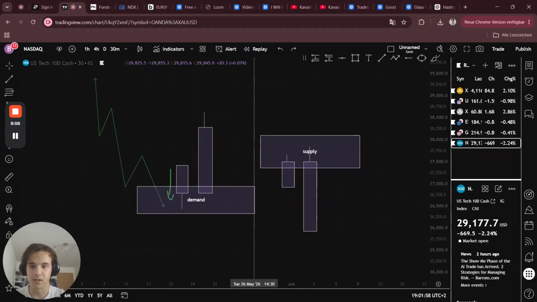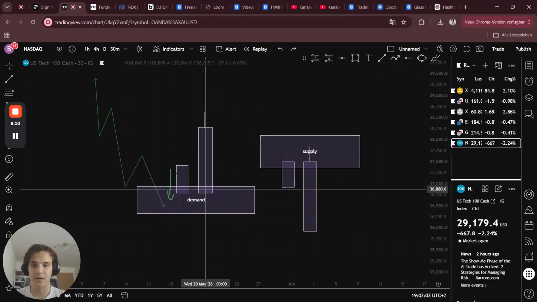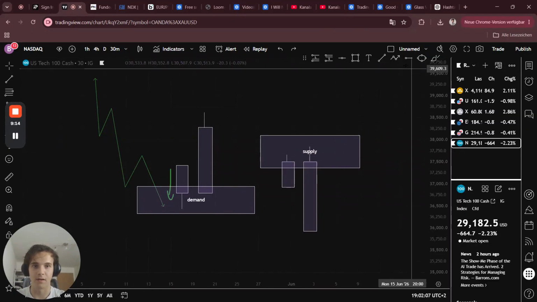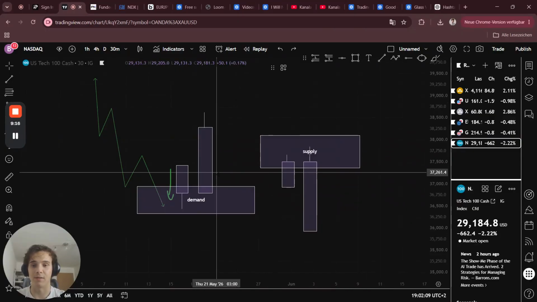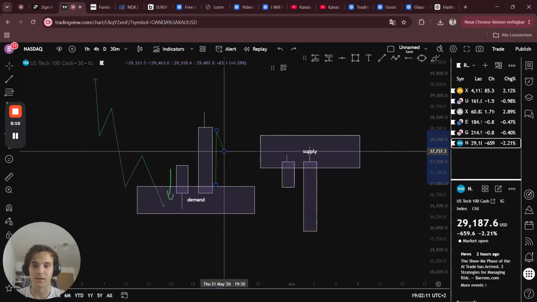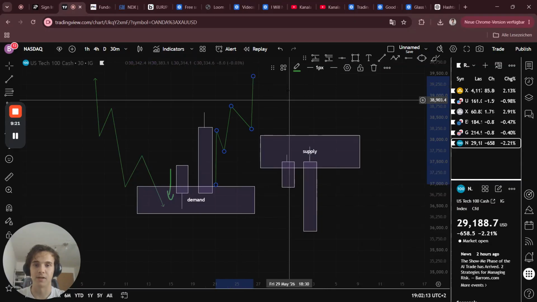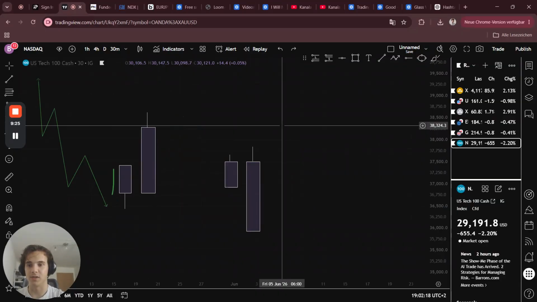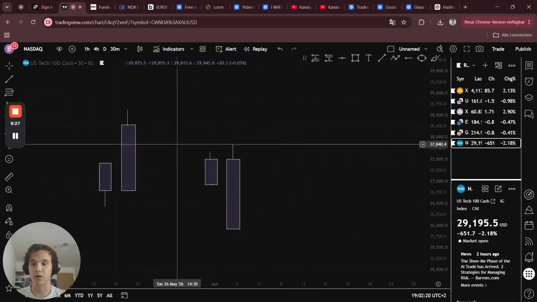It completely swallows the candle before. Okay, now we have understood that. This is an engulfing pattern. What is then most likely going to happen is price is going to continue reversing, moving up. Perfect. This was the bullish example.